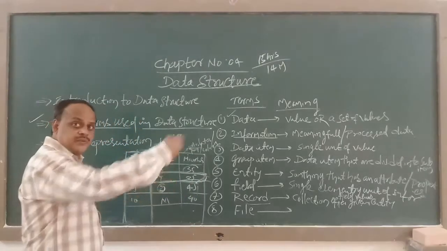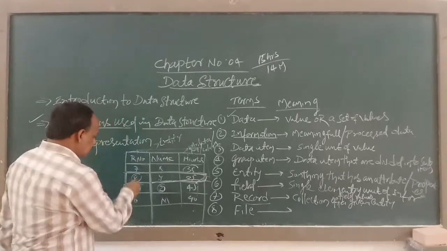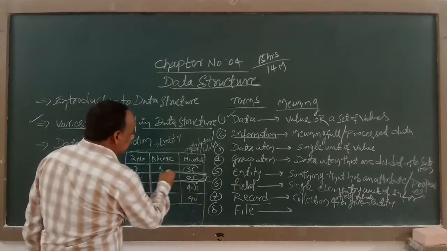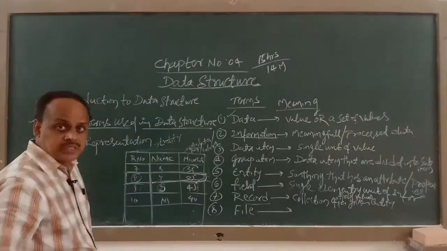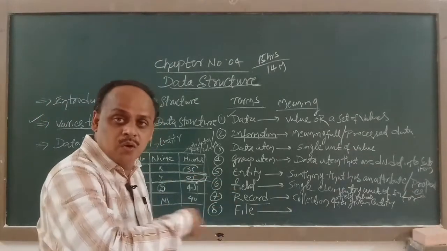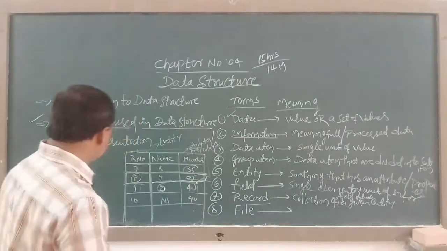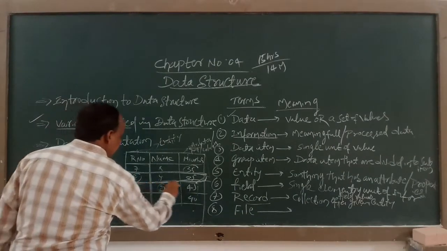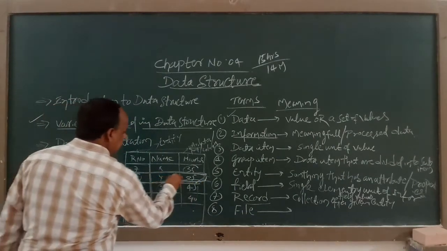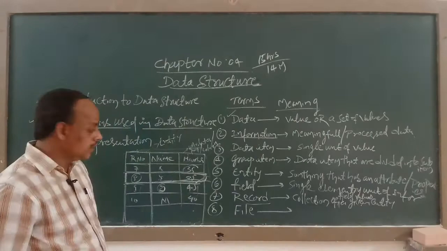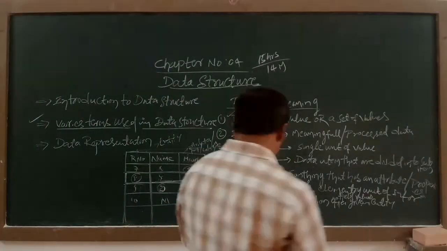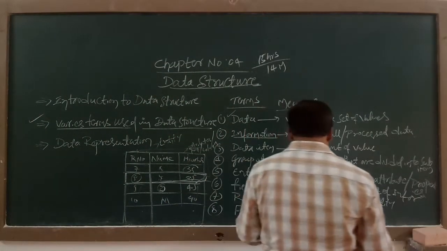This is one field value, this is another field value, this is also another field value. So a row of a table is considered a record. This is one record: 8y, 7, 75.